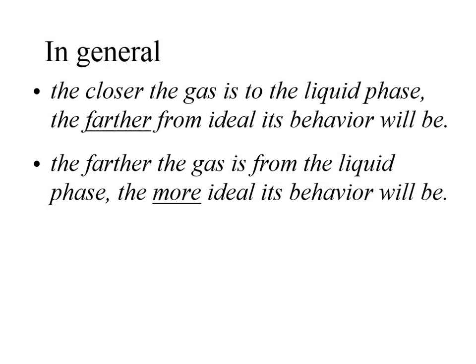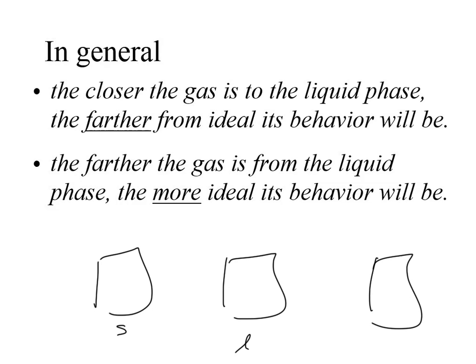So in general, I'll go ahead and clear back in Chem 1. Here are our little boxes. This is going to be my solid. This is going to be my liquid. This is going to be my gas. And these solid particles have the least amount of kinetic energy. They're very tight.